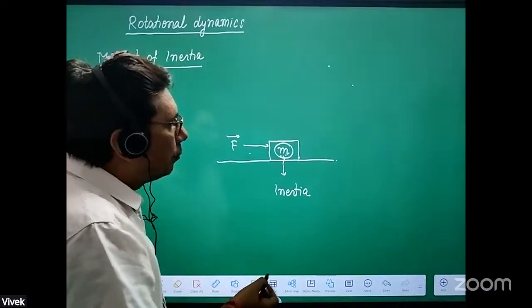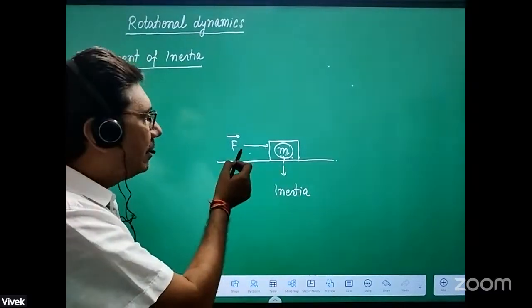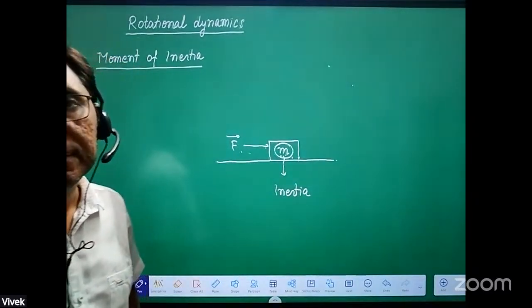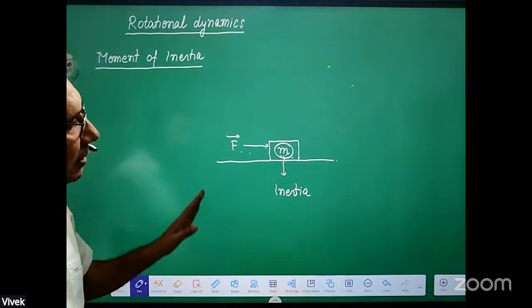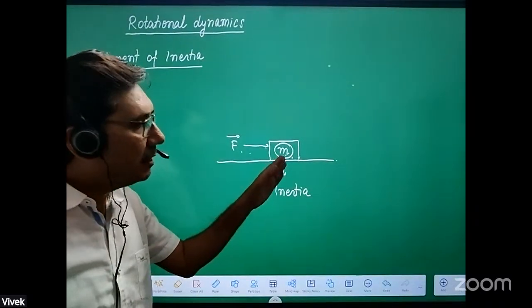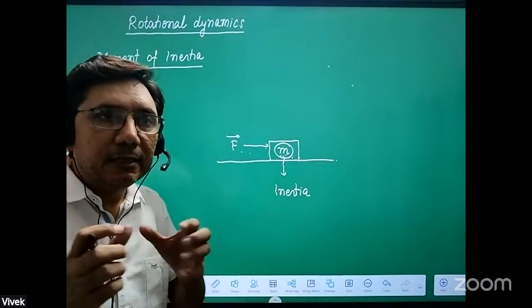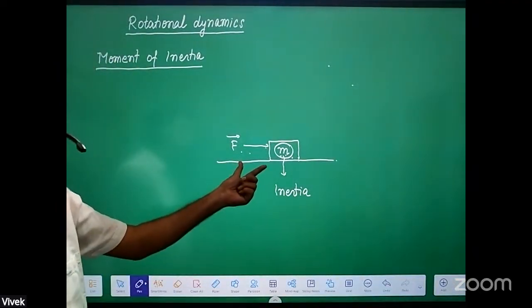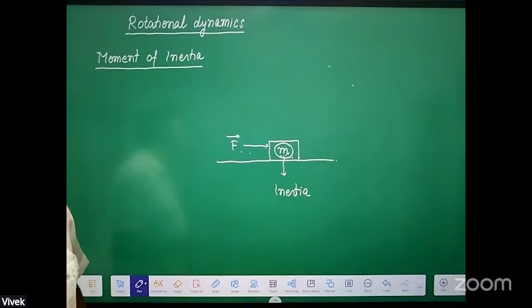The higher the mass, the more force you will require so that it starts moving. In translational motion, the mass of an object acts as the property of inertia. A very similar property exists in rotational motion.